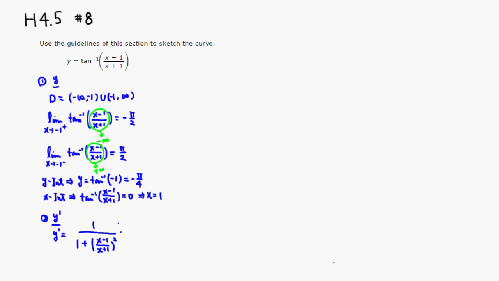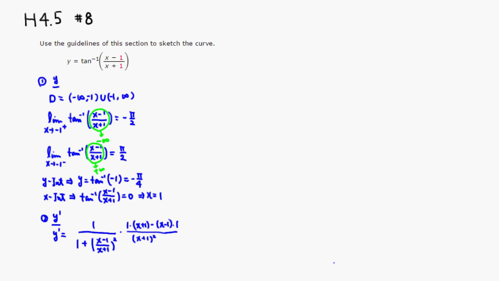Then multiply by the derivative of the inside function. So the derivative of (x minus 1) over (x plus 1) is (x plus 1) squared on the bottom, and the derivative of the top is 1 times the bottom, which is x plus 1, minus the top, x minus 1, times the derivative of the bottom, which is 1.